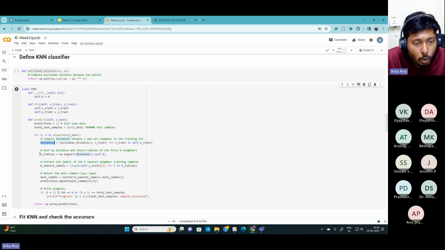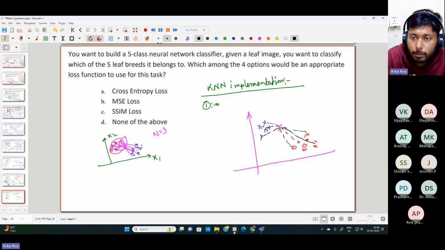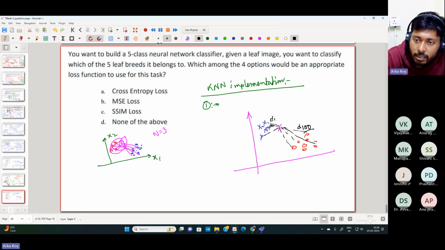Then you need to sort. So again, let me refer to this. After you calculate all these distances, let's say D1, D2, till, let's say, I have a total of 100 data points in the training data set. So 100 distances you have calculated. Now you will arrange all these distance values from lower to higher order. So let's say the distances are D1, D2, dot, dot, dot, D100.